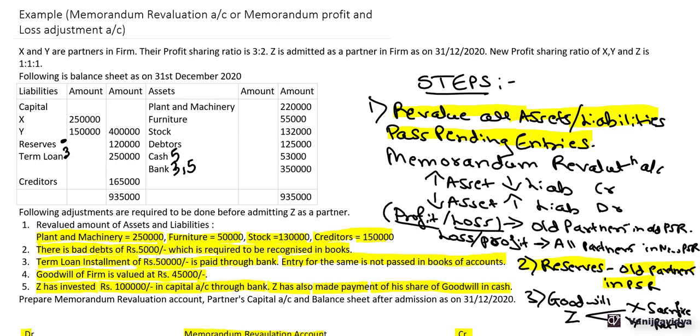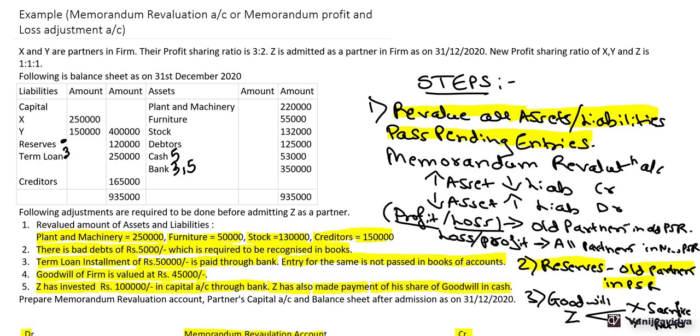Now reserves has a credit balance. We are distributing it to the partners' capital accounts. This reserve is a past profit. So the entry will be reserves account debit 1,20,000 to X capital account, that will be 3/5 of 1,20,000, and to Y's capital account, that will be 2/5 of 1,20,000.